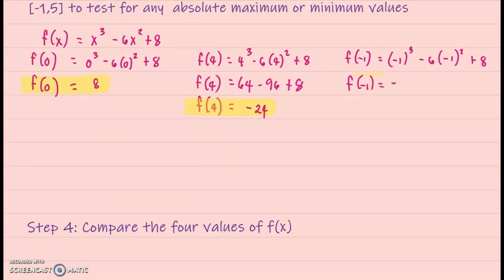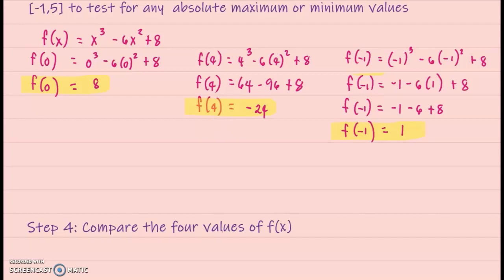Negative 1 cubed is negative 1. Minus 6 times negative 1 squared is minus 6, plus 8. So f of negative 1 is equal to negative 1 minus 6 plus 8. So f of negative 1 is equal to 1.